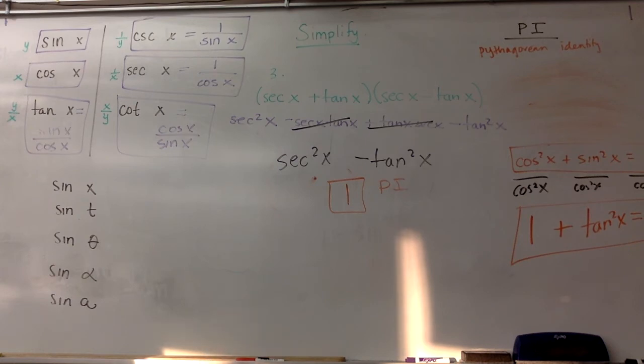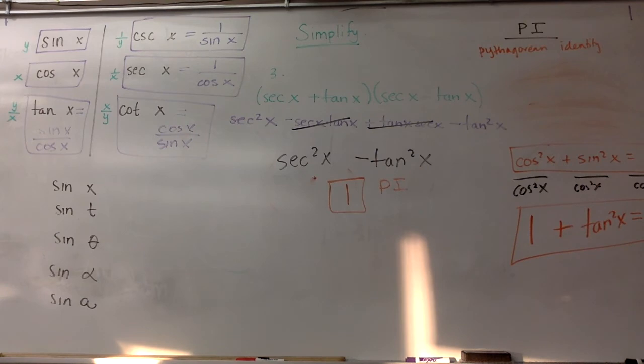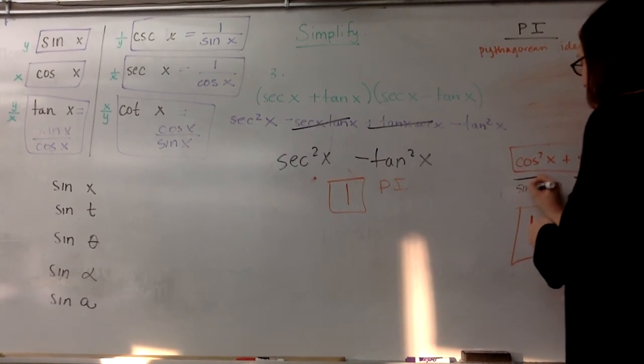All right, time for questions. Pythagorean identity, know the basic one. Divide all three of them by cosine, you get the second one. Now, just for fun, what if instead of dividing everything by cosine squared, I switch this to sine squared?